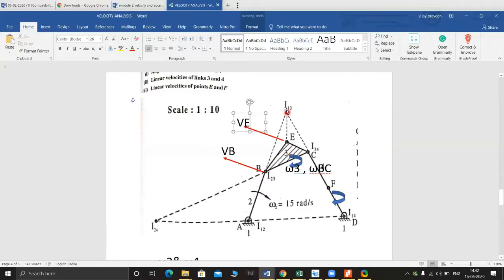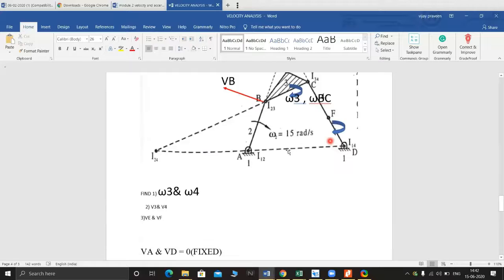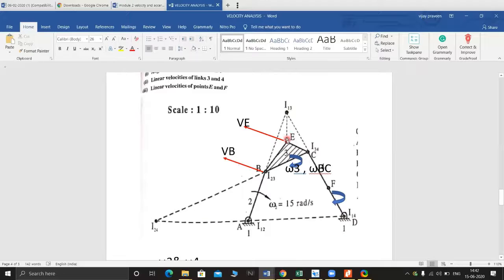Omega 3 into what is the perpendicular distance with respect to the instantaneous center?